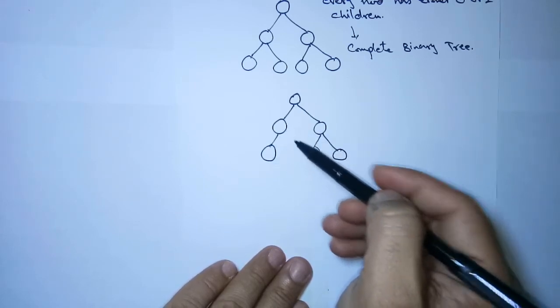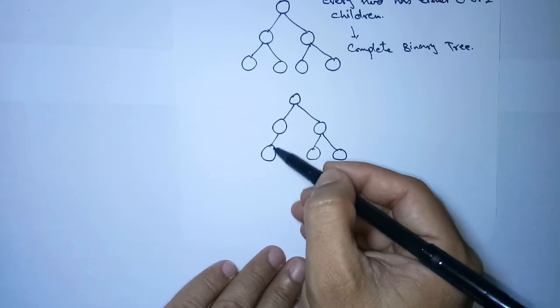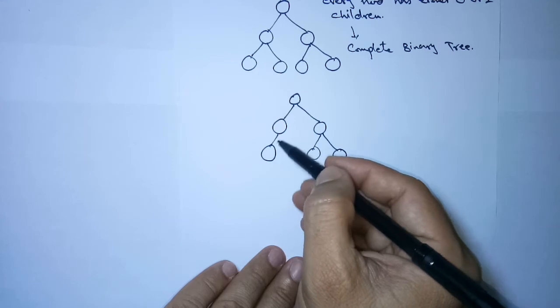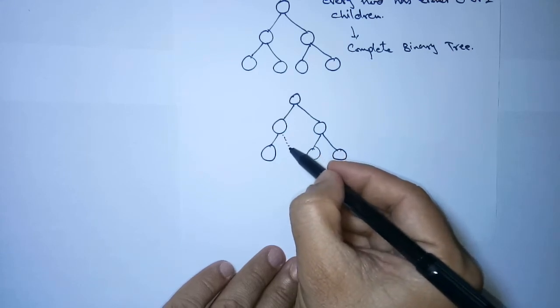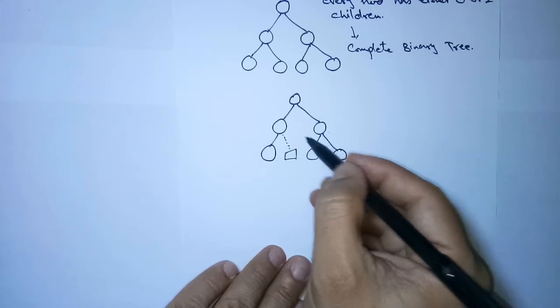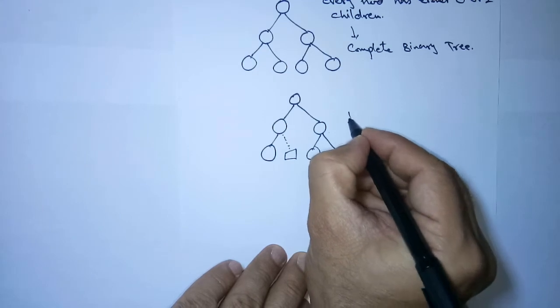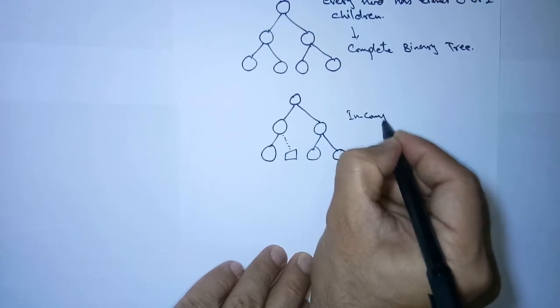So if this is the case, where the left node has one child and this space is empty, you can see this space is empty, right? And then the right child also has children. If this is the scenario, this is called an incomplete binary tree.